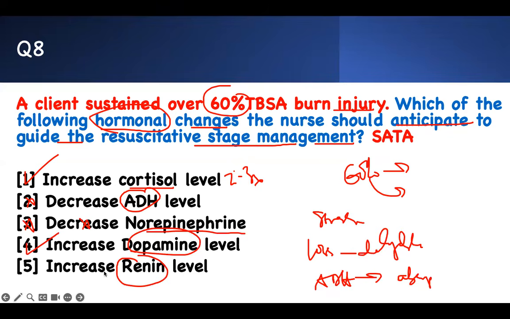Renin. Do you remember the renin-angiotensin system from school? Yes, it ramps up. This is secreted from the kidney. It leads to the secretion of aldosterone.